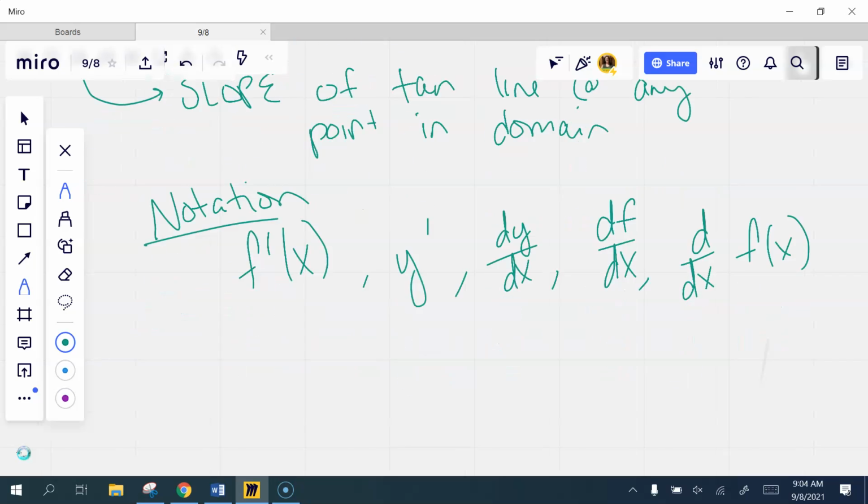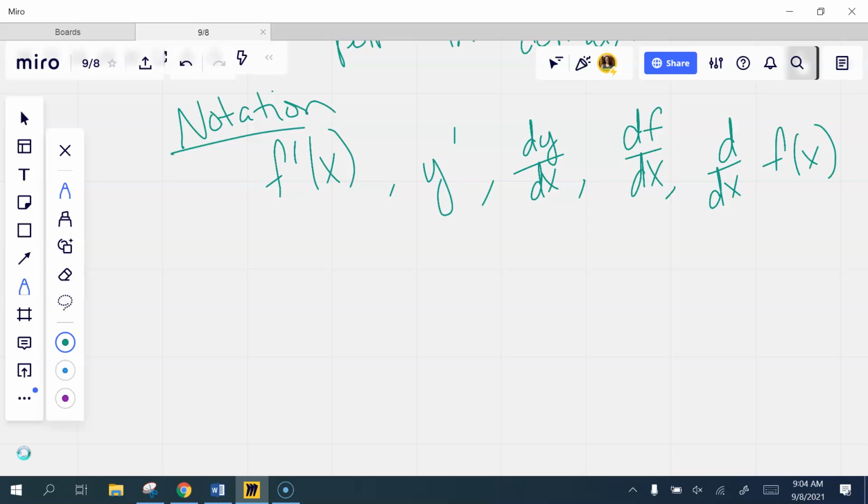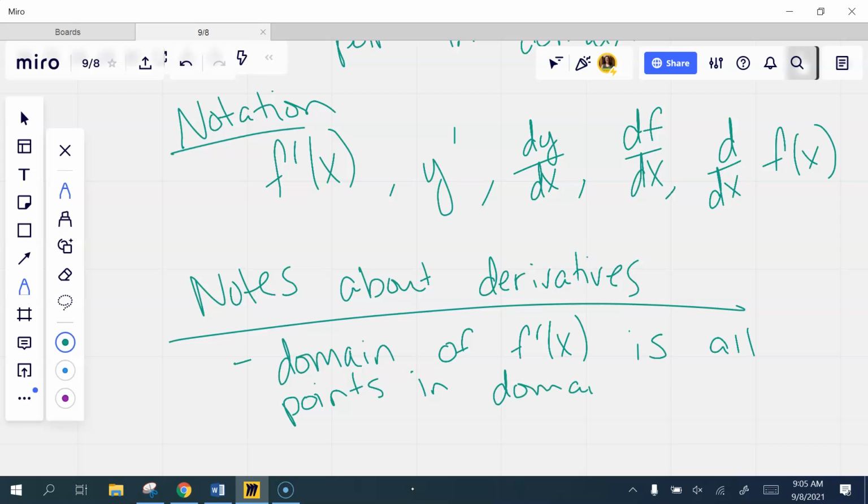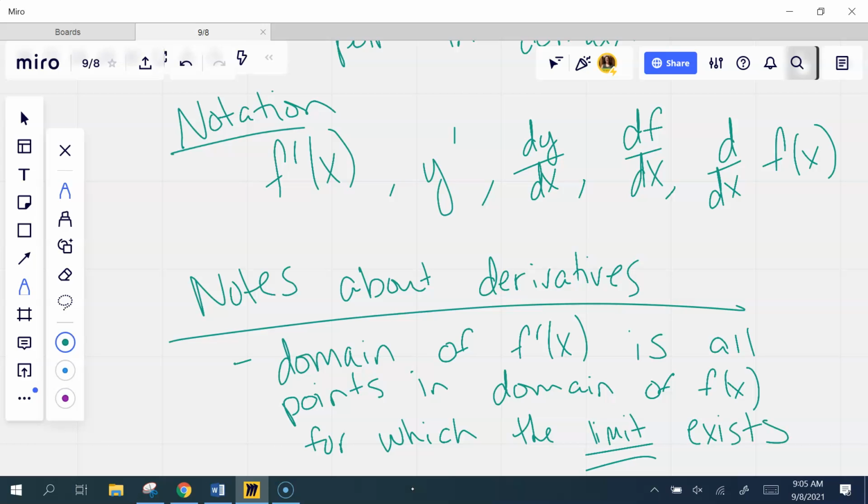Couple of notes about derivatives. The first thing, the domain of the derivative is all points in the domain of the function for which, it's a little wordy, I'm sorry, the limit exists.